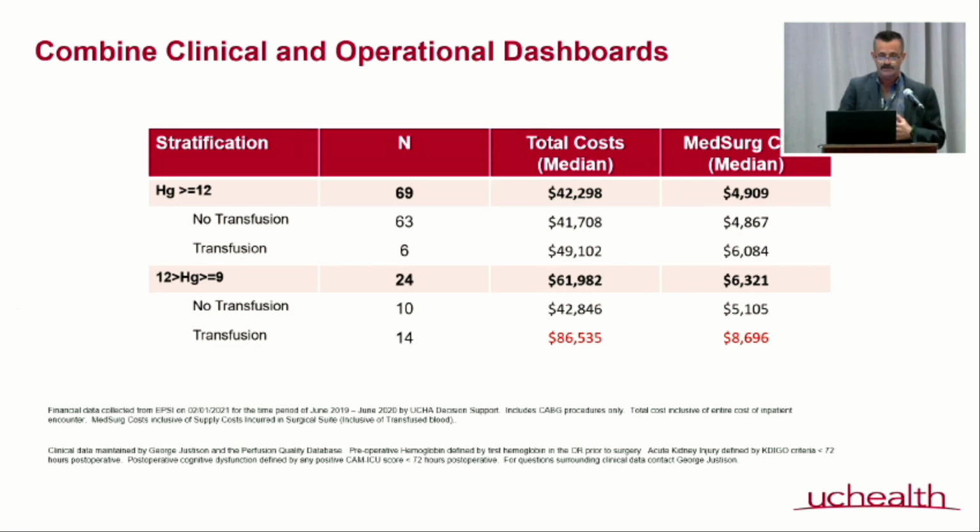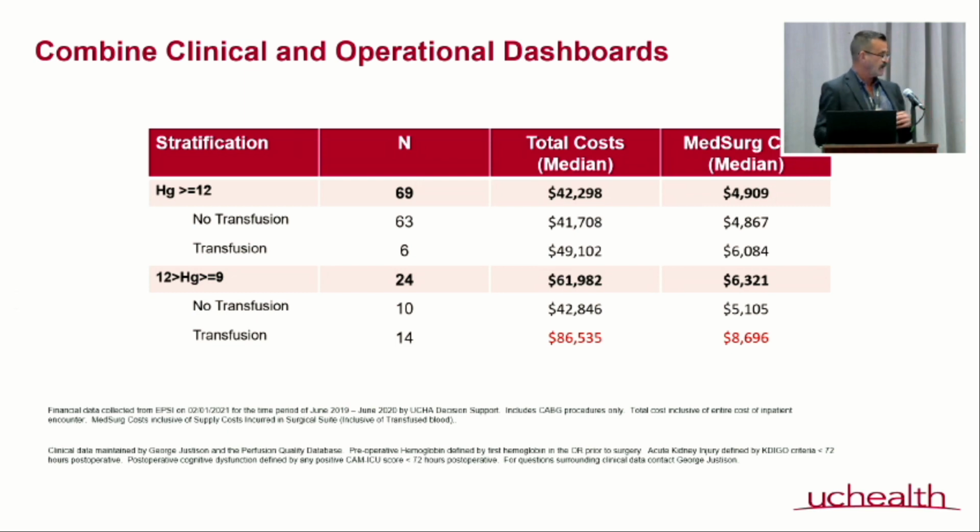What this demonstrated to them is that if you have a patient who has anemia and that person gets a transfusion, their cost of doing a CABG surgery was twice as much as the patient who had anemia and didn't get a transfusion, and more than those patients without anemia who didn't get a transfusion.